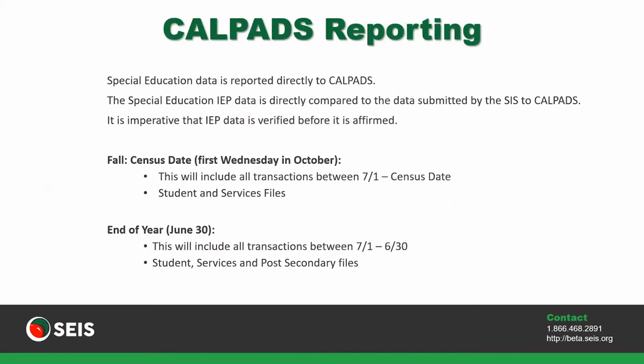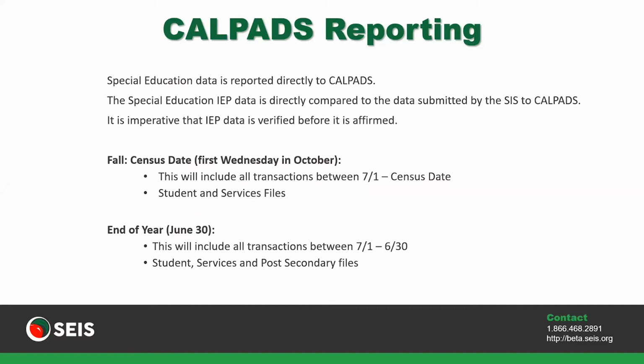As a provider, it's really important to have at least a basic understanding of how CalPADS works and how that information is going to be reported. Right now, special education data is reported directly to CalPADS through SEIS. When you enter information into the IEP, it's directly compared to the data that's submitted to the SIS, the student information system, to CalPADS.